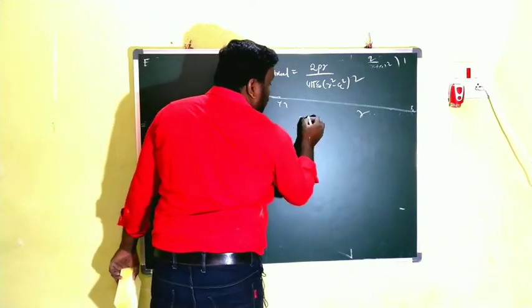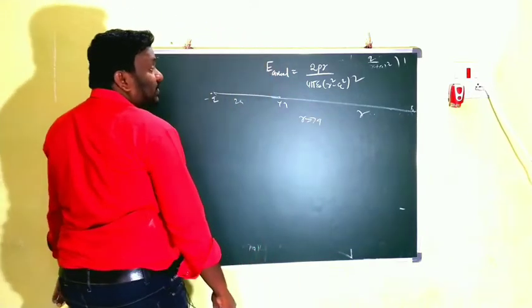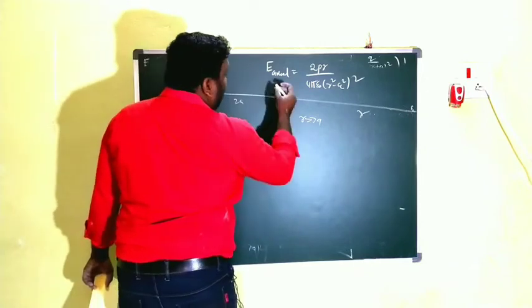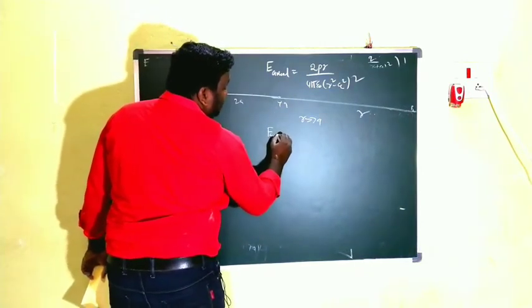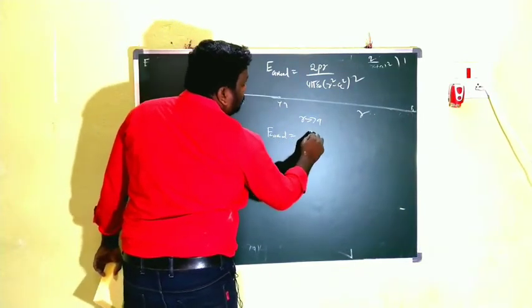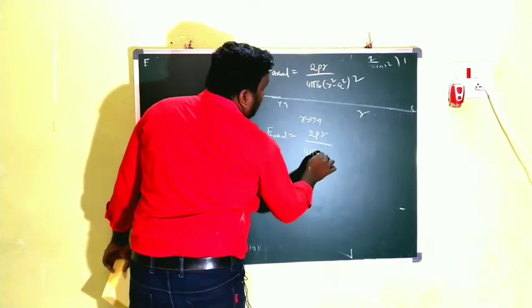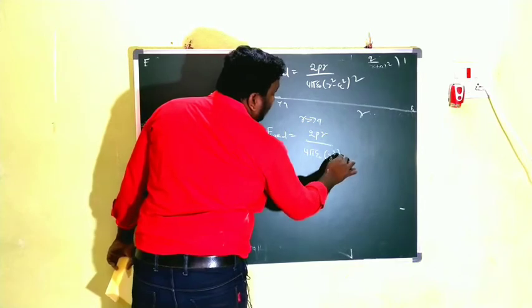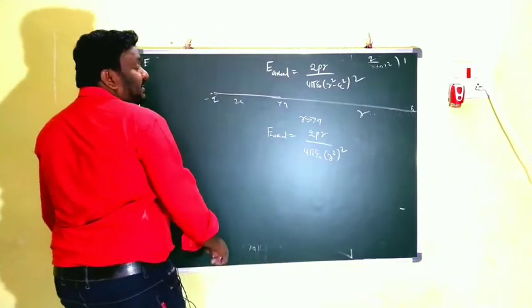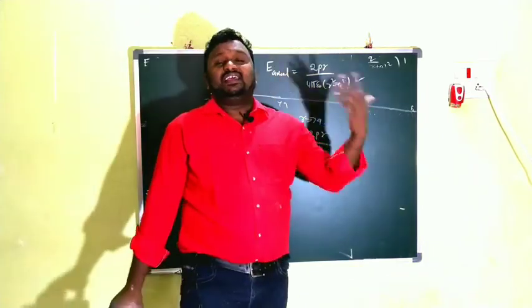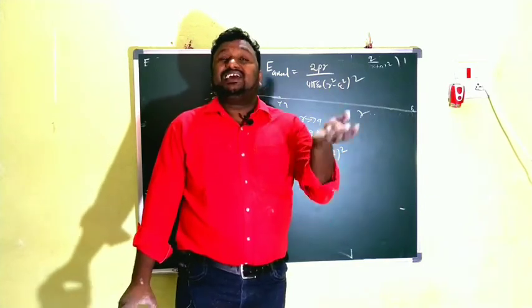So if r is very much greater than a, then we write E axial is equal to 2pr by 4 pi epsilon naught into (r square) whole square. That means here r is very much greater than a, so a is negligible.